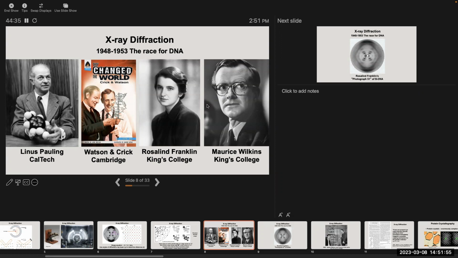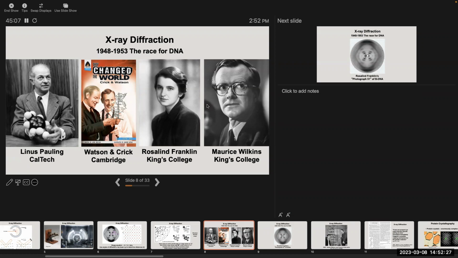The person who knew the trick was Rosalind Franklin, who was working at King's College in London with her colleague Maurice Wilkins, shown in the picture also. And what Rosalind Franklin had figured out is that the DNA needs to be hydrated in order to give an accurate picture of its 3-dimensional structure. What that meant was you needed water present around the DNA to help the DNA maintain the proper structure.